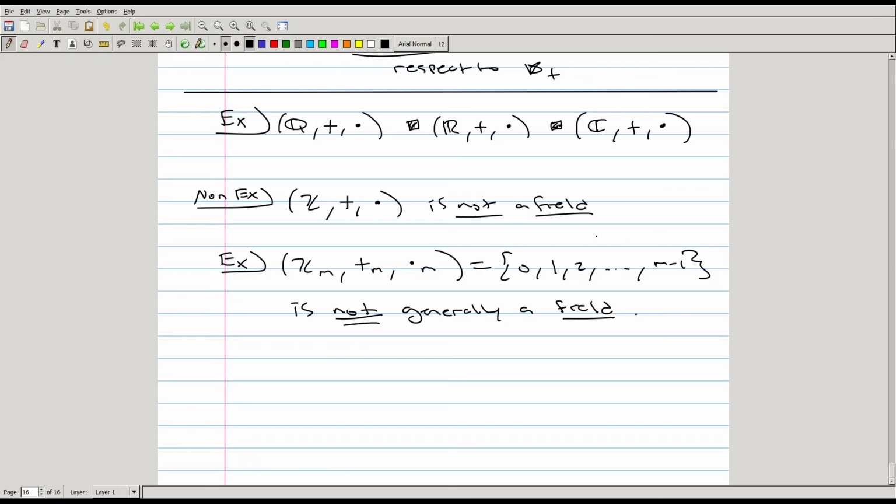But it will be a field, and we'll end up proving this, if M is prime. Which will be proven. But this is the conclusion of this lecture. I hope that it's been illustrative for you and you definitely learned something. And I hope you had a fantastic day.